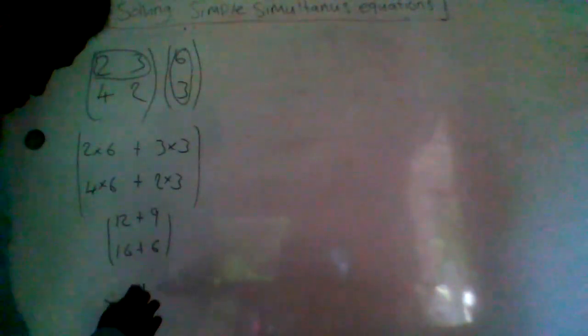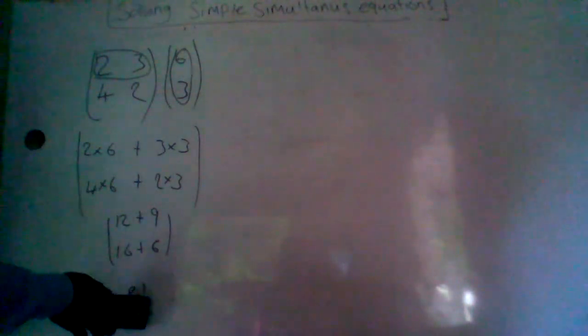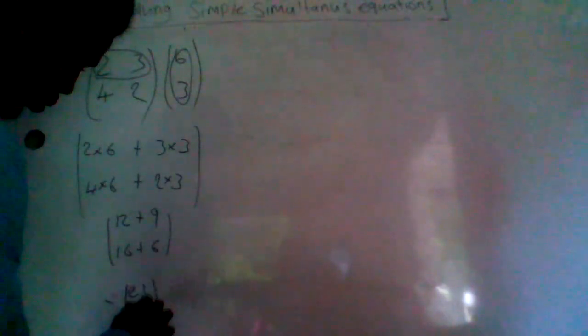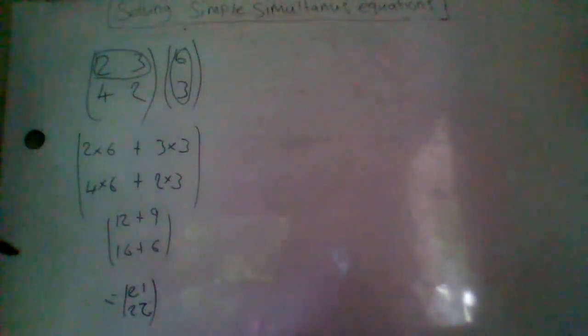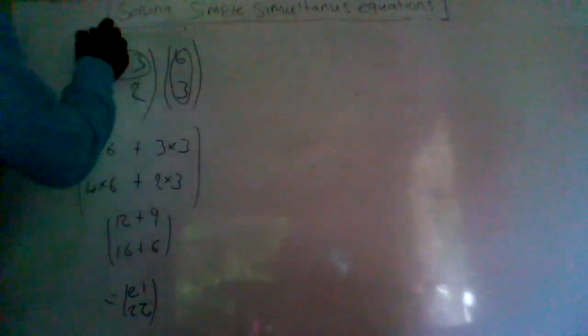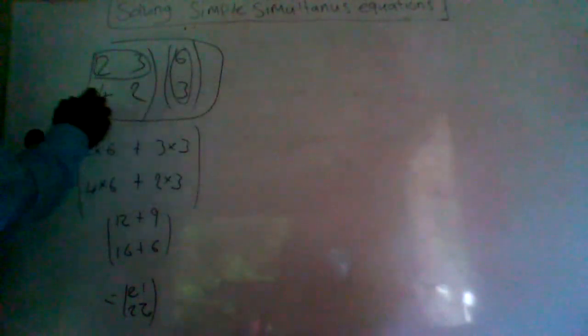And 24 plus 6 will be equal to 30. So 21 and 30 would be the product of these two matrices.